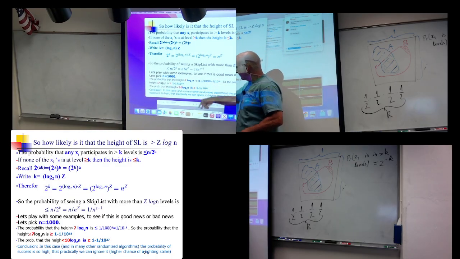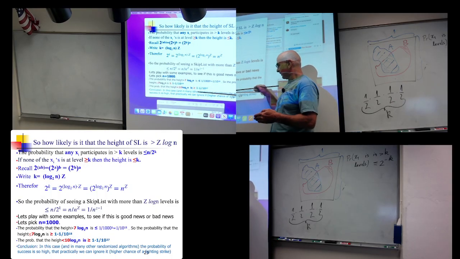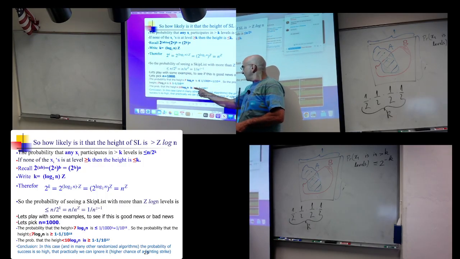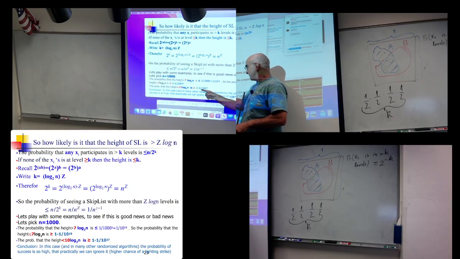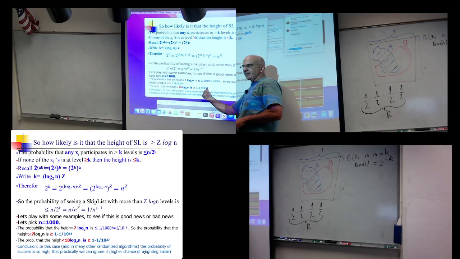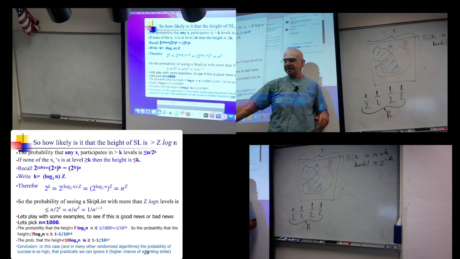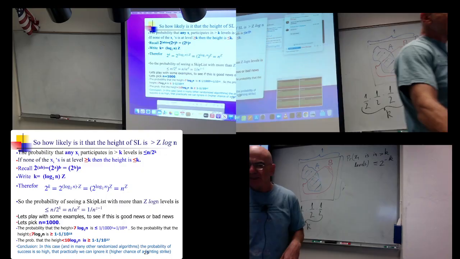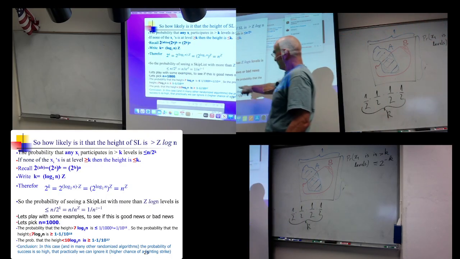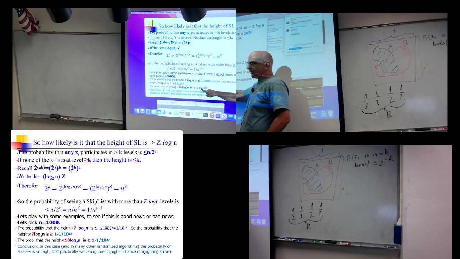You want to push it even further? What's the probability that the same SkipList has height that is even larger, larger than 10 times log n? This probability is smaller than 1 over 10 to the 27. You can see, implying that the probability that the SkipList has lower height, is better behaved, is larger than 1 minus this really tiny number.